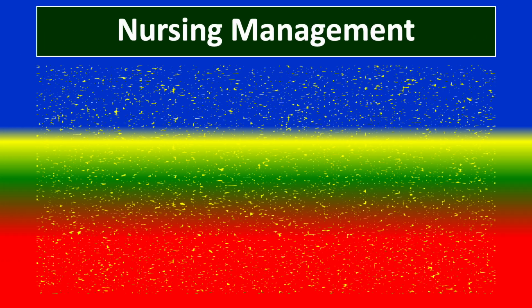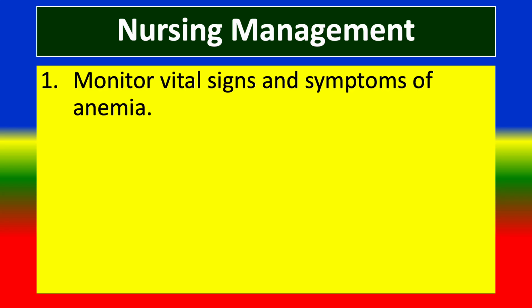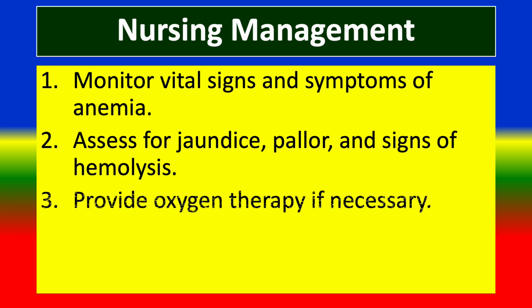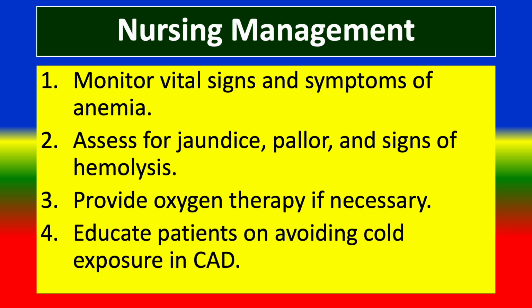Nursing management. 1. Monitor vital signs and symptoms of anemia. 2. Assess for jaundice, pallor and signs of hemolysis. 3. Provide oxygen therapy if necessary. 4.